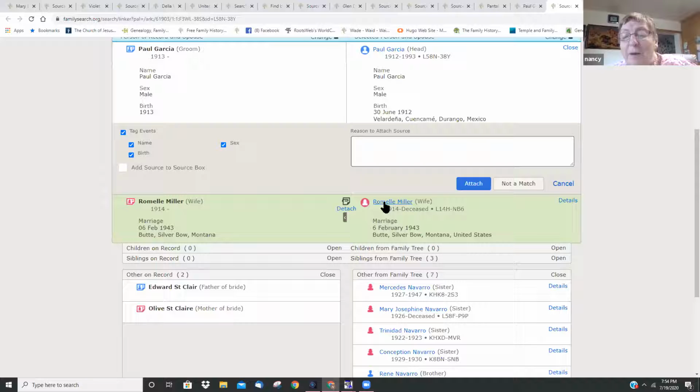Family Search is going to make more hints for Romel Miller that show who her parents are. Then some other relative is going to get a message saying, oh, we found a hint for your relative, Romel Miller, and we know because of that hint who her parents are.